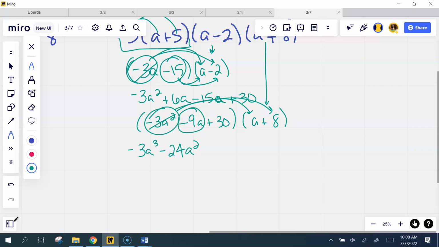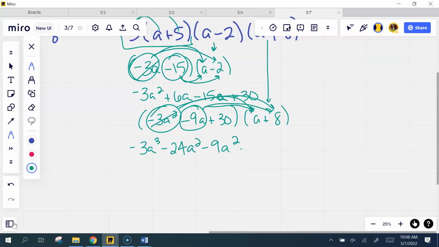Now to the negative 9a. Negative 9a times a. Negative 9a squared. Negative 9a times 8. Lots of places to mess up here, so be neat and take your time as you go through. Now the 30. 30 times a. And 30 times 8.